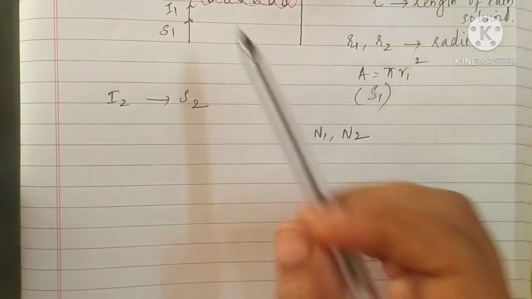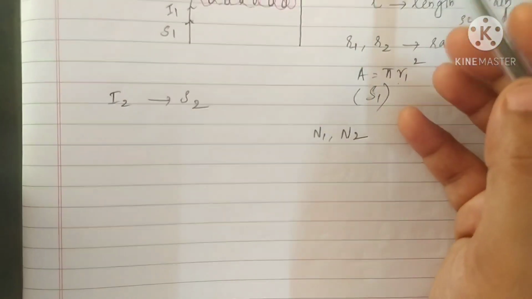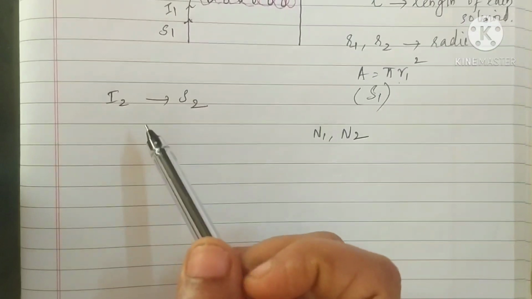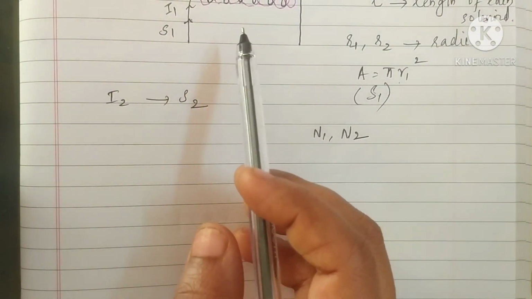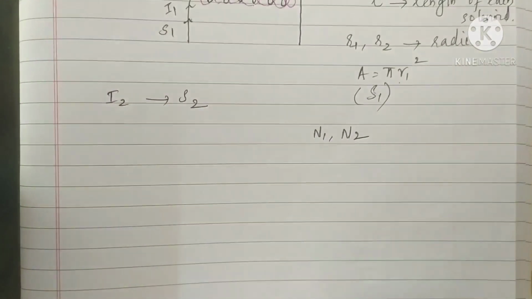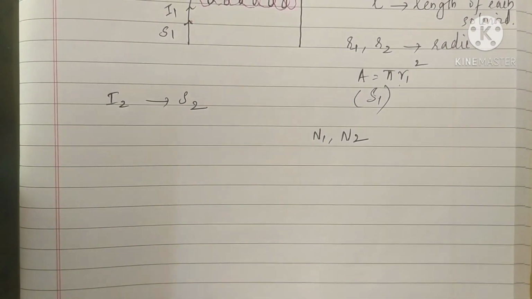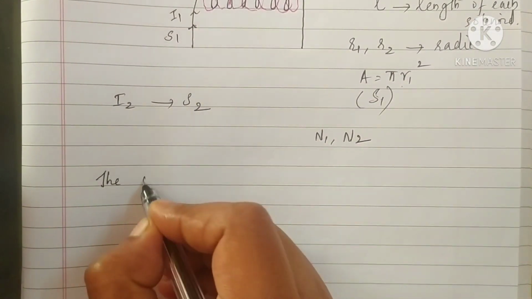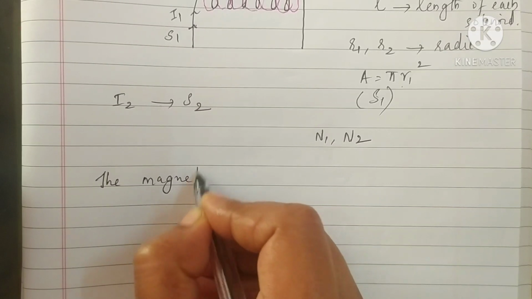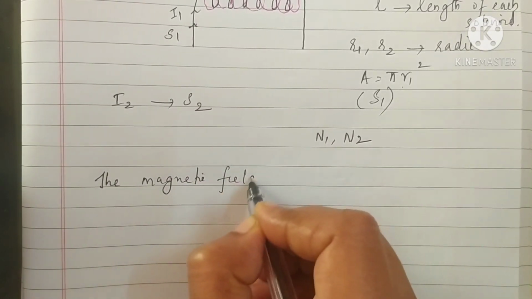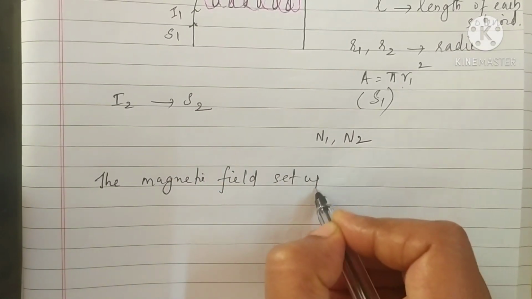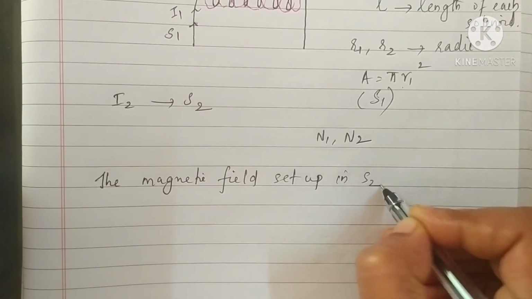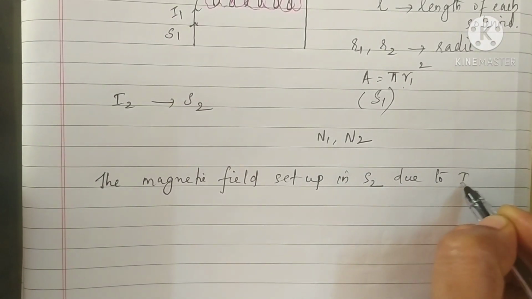So when I2 current is passed through S2, a magnetic field is set up inside S2 due to this current, isn't it? So you can write the expression for the magnetic field set up in S2 due to I2.